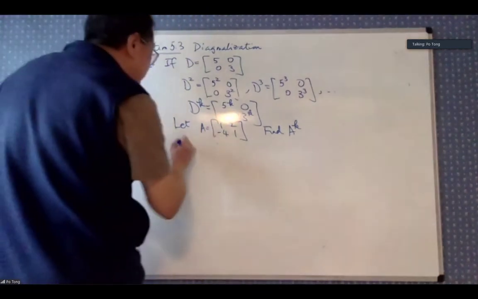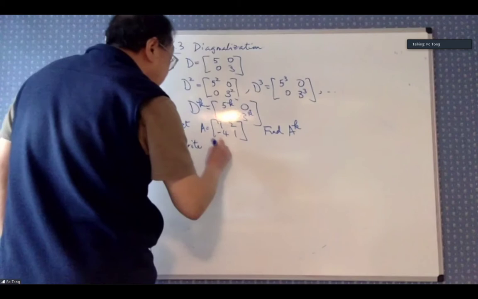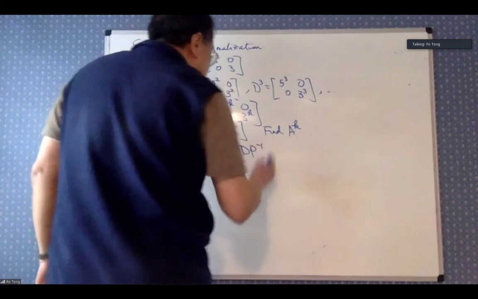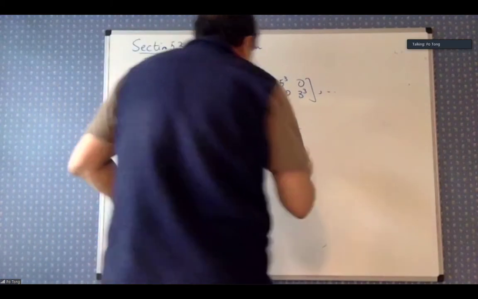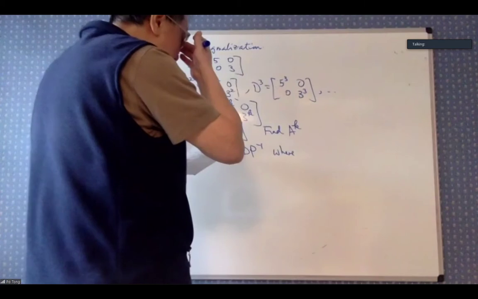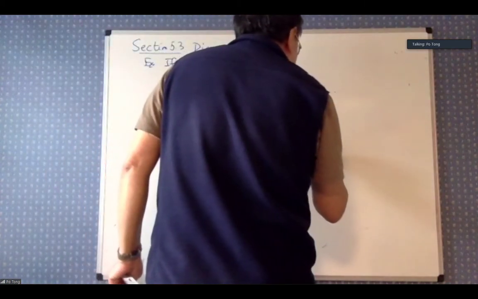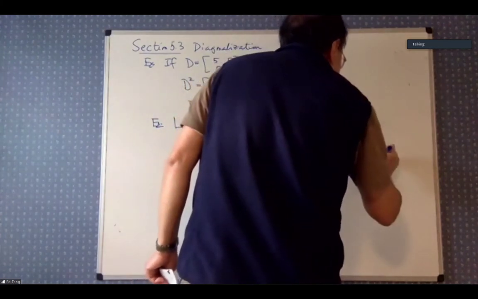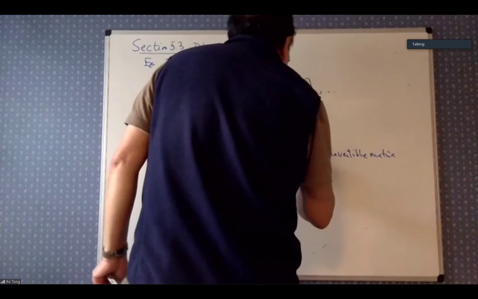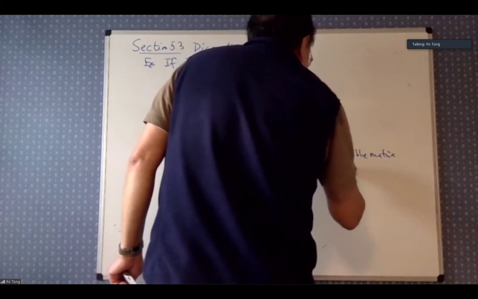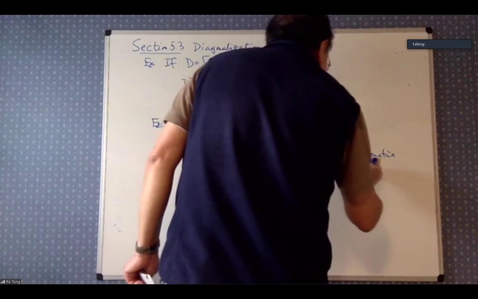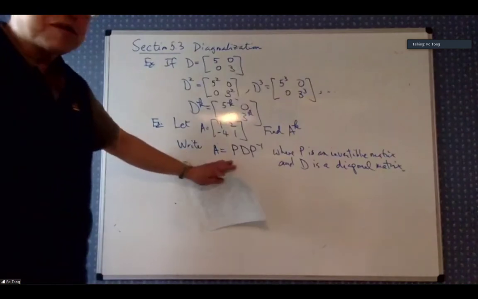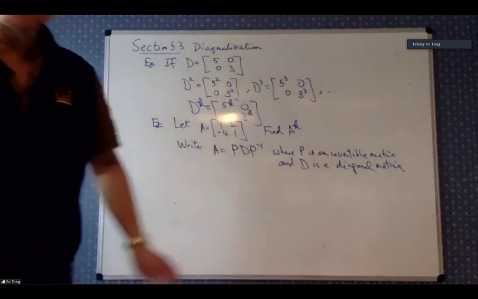We're going to write A equal to P D P inverse, where P is an invertible matrix and D is a diagonal matrix. Okay. I'm going to show you how to do this, how to write A equal to PDP inverse.